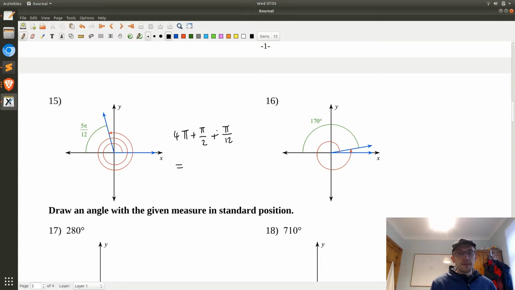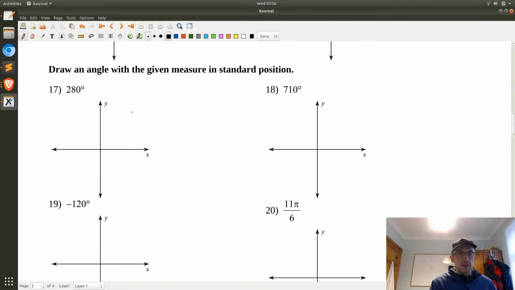Put them together. That would be 7 pi over 12. So 55 pi over 12. Great. That represents a 370-degree turn.